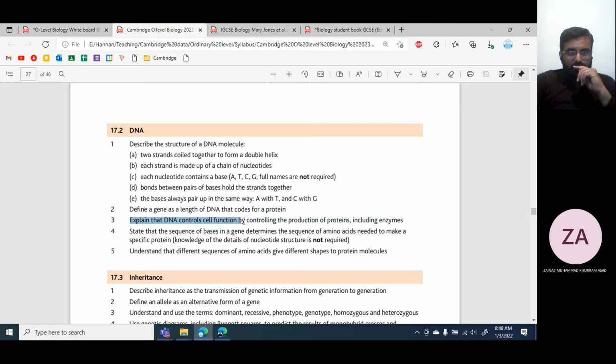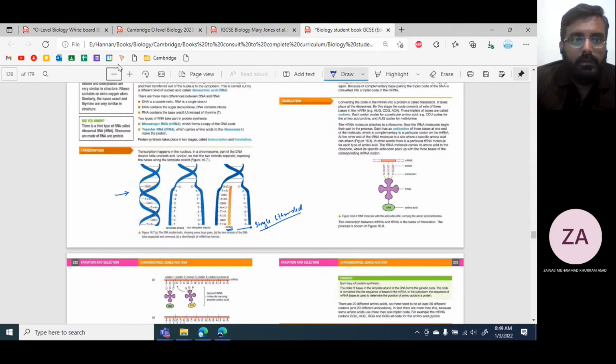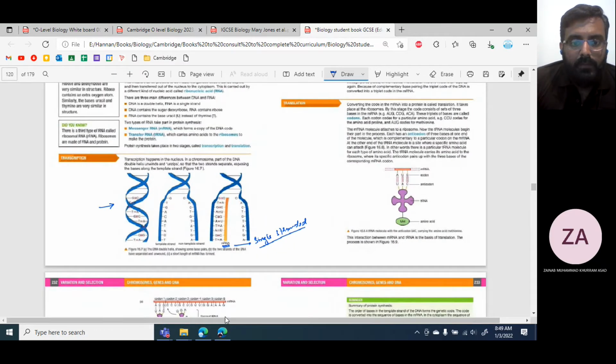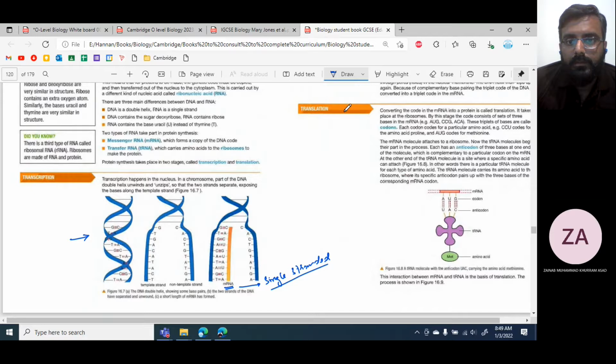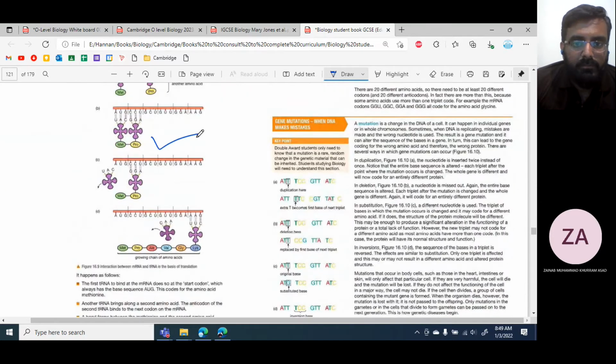At this point, I have made clear: cell functions by controlling the production of proteins including enzymes. State that the sequence of bases in a gene determines the sequence of amino acids needed to make a specific protein. We also have discussed this. Understand that different sequences of amino acids give different proteins. According to the curriculum, we are not meant to study this detail.